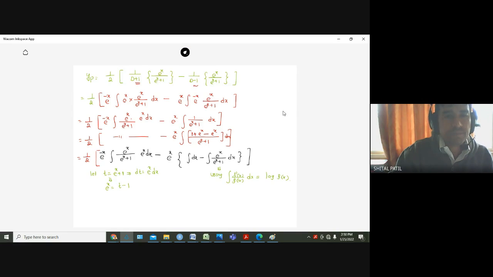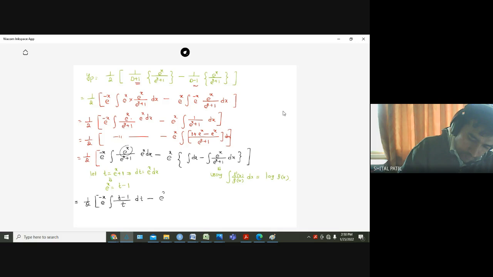Use them. So see, this e raised to x is t minus 1 divided by e raised to x plus t. Integration of dx, x minus, using this formula, log of e raised to x plus 1. t by t is 1.